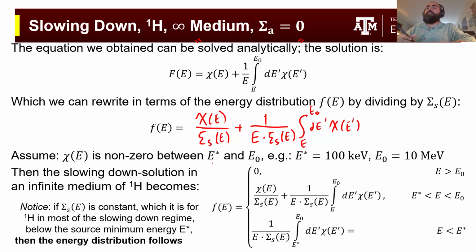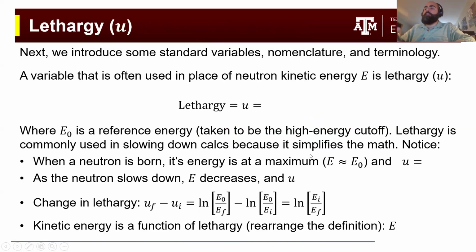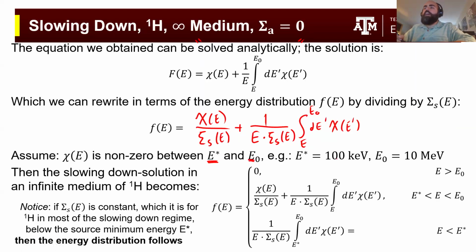Like if we say it's only valid between some E star and our maximum E, say E star is 100 keV and our maximum considered energy is 10 MeV, then the fission spectrum is zero outside of that range. It's basically zero if it's describing the production of mostly fast neutrons.